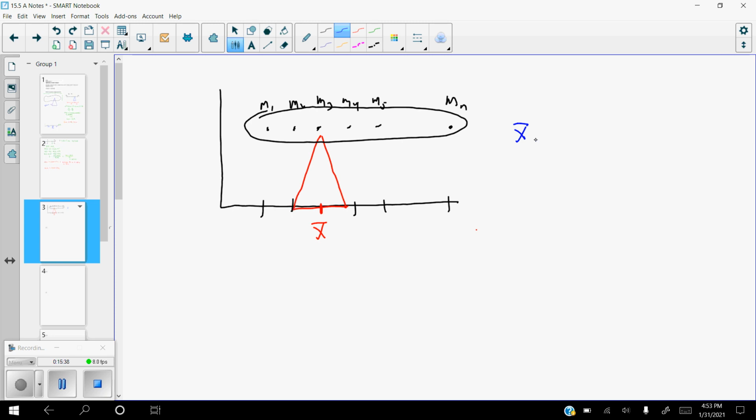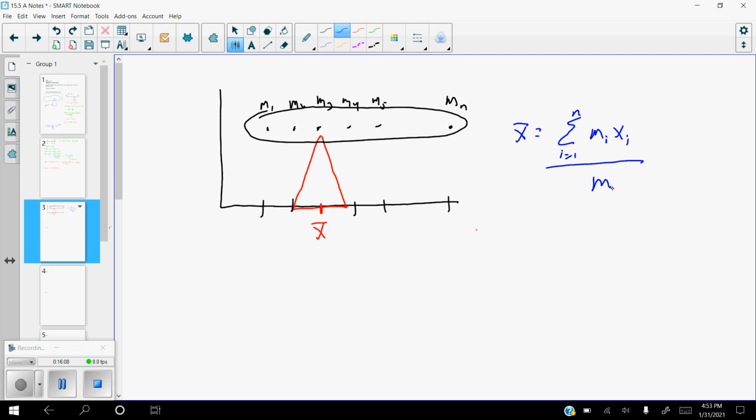So let's condense that into a summation notation. So basically, we're going to say we're going to have the sum of all of our masses times our x values. Got to give a little sub i there so we have a counter, where i is going to go from 1 all the way up to the nth one. And then we're going to take all of those to find the center of mass and divide by the total mass, which is just adding up all the different masses.